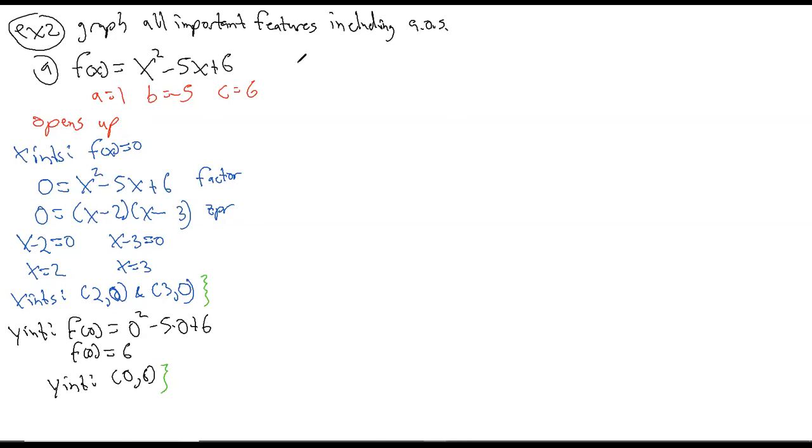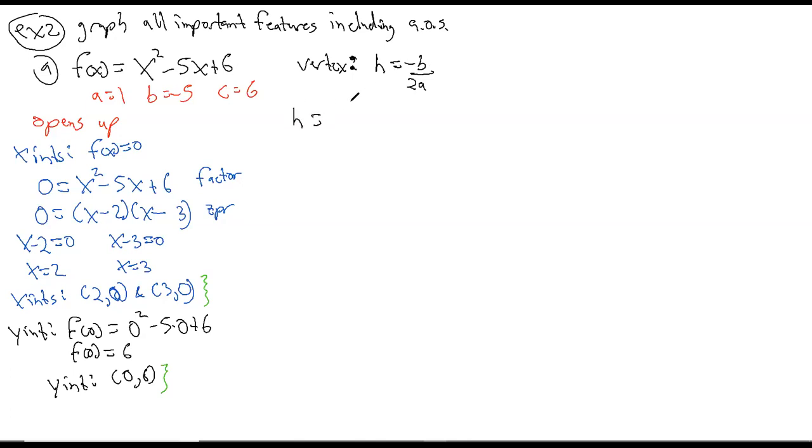So let's find the vertex over here. Now again, this is not an x minus h squared plus k format. The vertex is not staring us in the face. We need the formula, which was h equals -b over 2a.